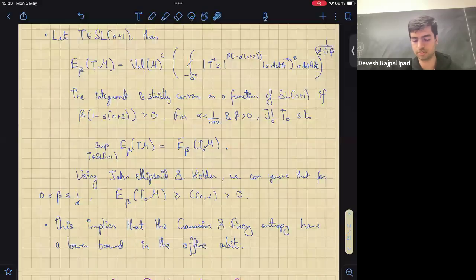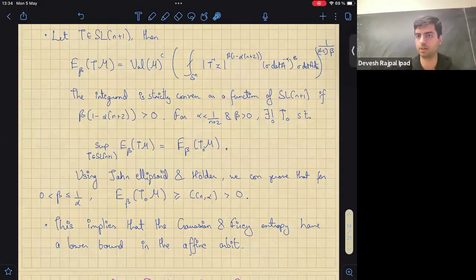So we have a rather easy formula for these entropies under affine change. Given any T in the affine group SL(n+1), we can calculate the change of entropy by the action of T, and all of the integrand remains the same. What we gain is a power of T inverse applied to z.